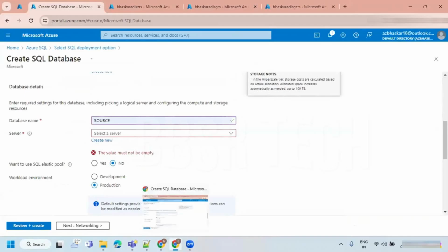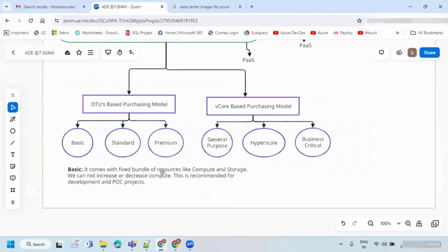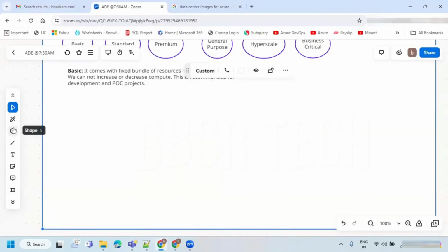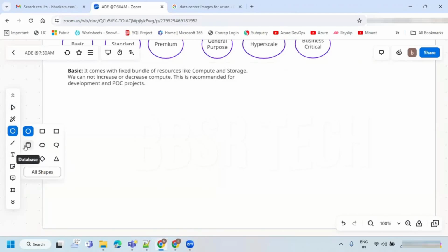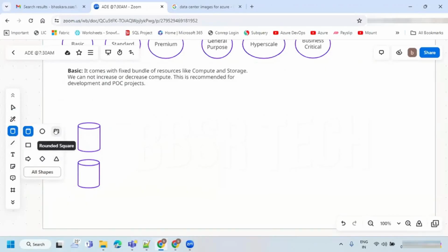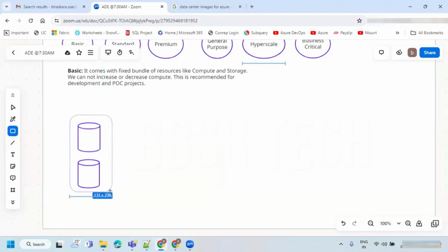If you want to take a database, it would be in the server. There may be a single database or multiple databases. Whatever the number of databases you have, you have to make sure you keep them in the server.